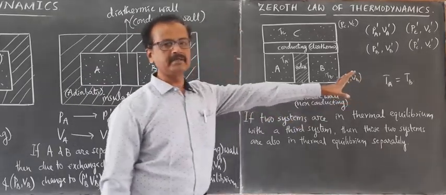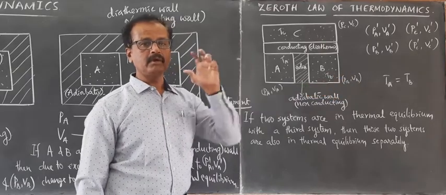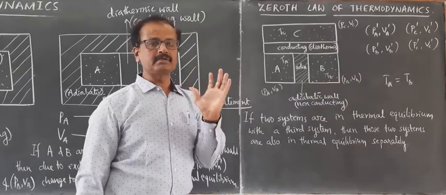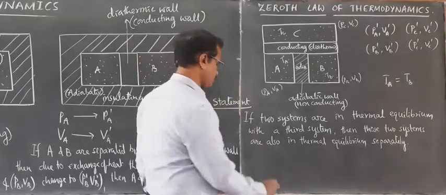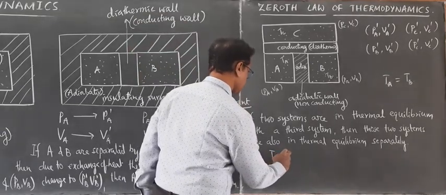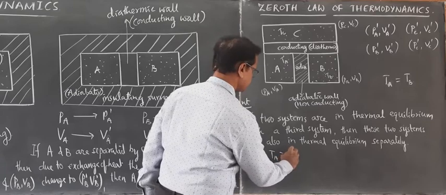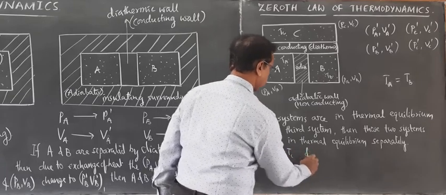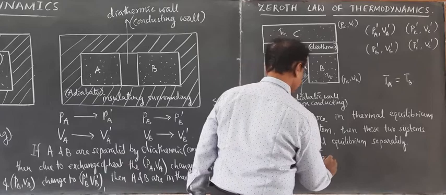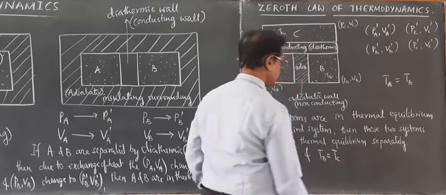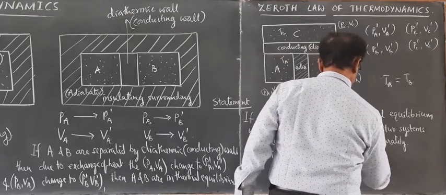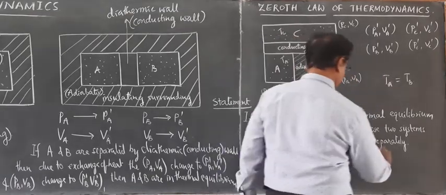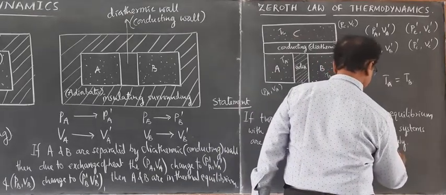Then what do we observe here? The main thing that will be observed is one common thing, that is, the temperature of all these three systems becomes the same. When TA becomes equal to TC and TB becomes equal to TC, then according to the statement, TA becomes also equal to TB.